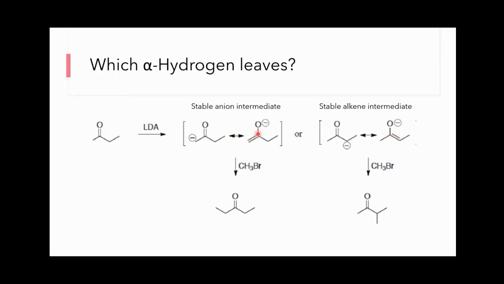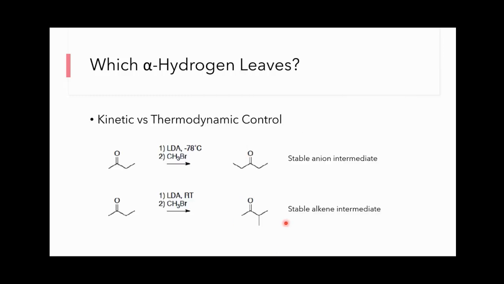On the kinetic version, we only have 2. So this alkene is more stable. So if it's room temperature, or if there's heat, you would deprotonate the alpha carbon that will make the more stable alkene.